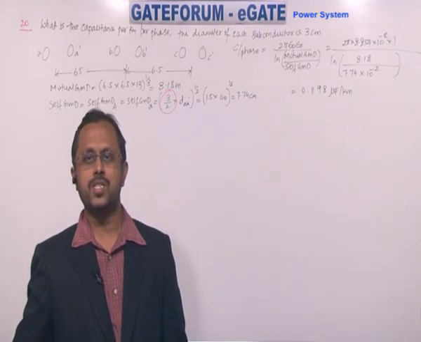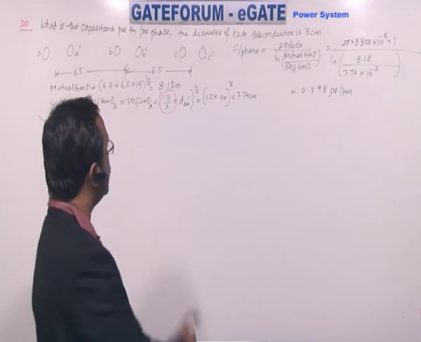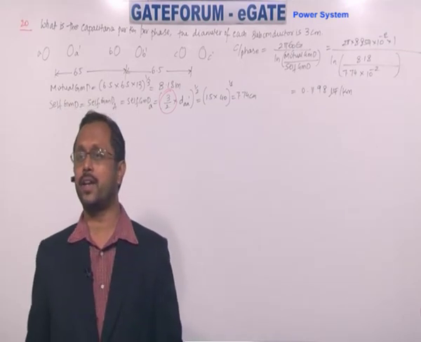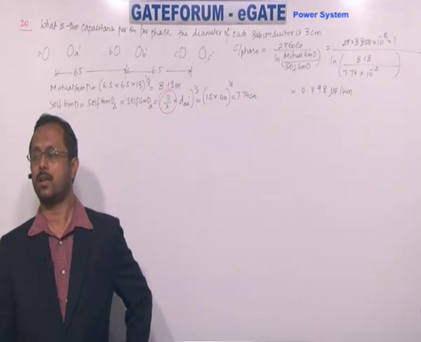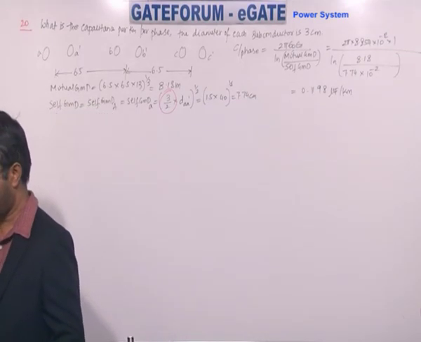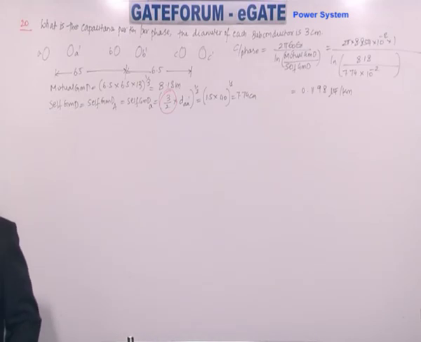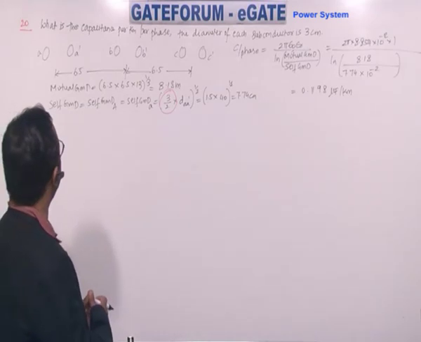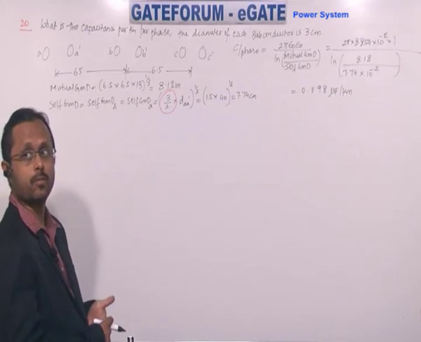Charge is deposited only on the surface of the conductor. So only that part of the calculation is important where you write it as R. So this is regarding the calculation of capacitance.